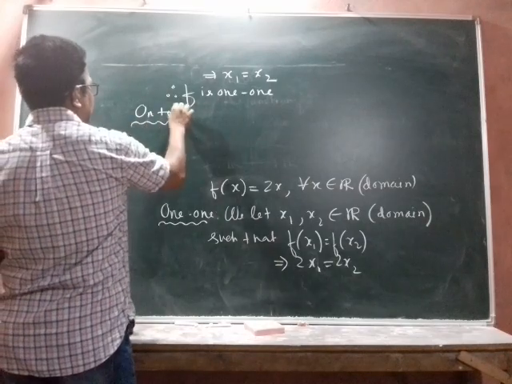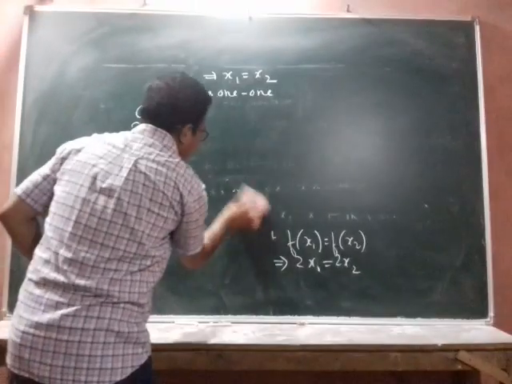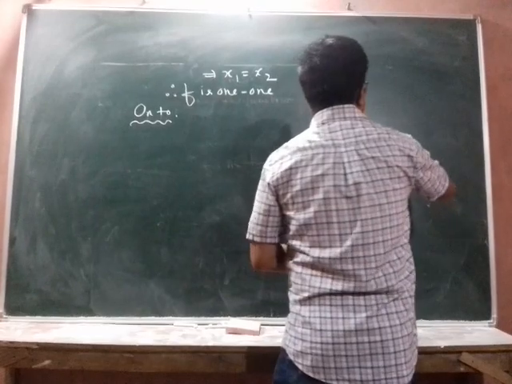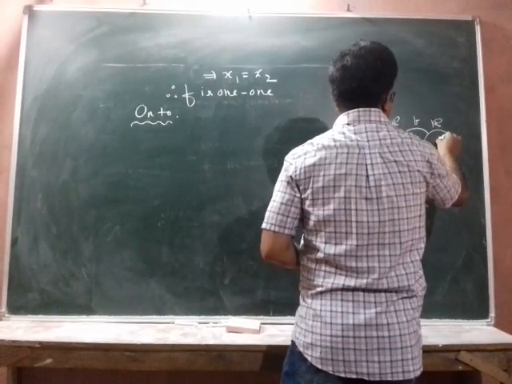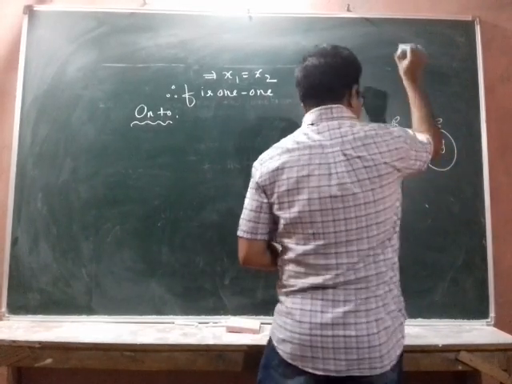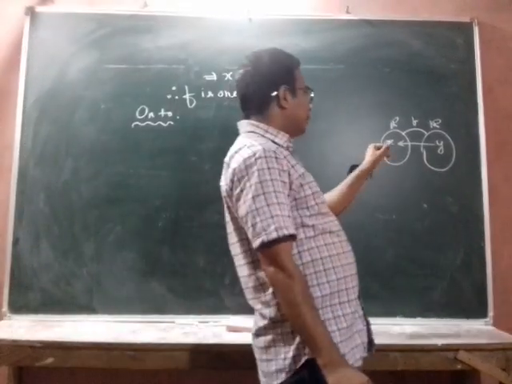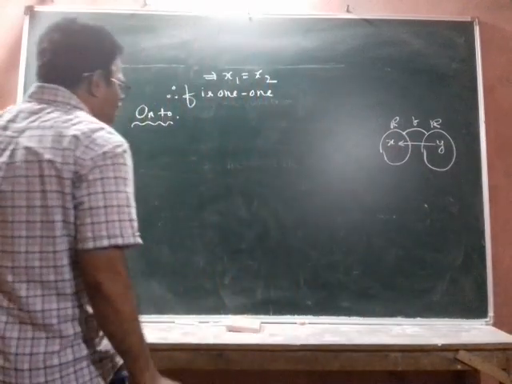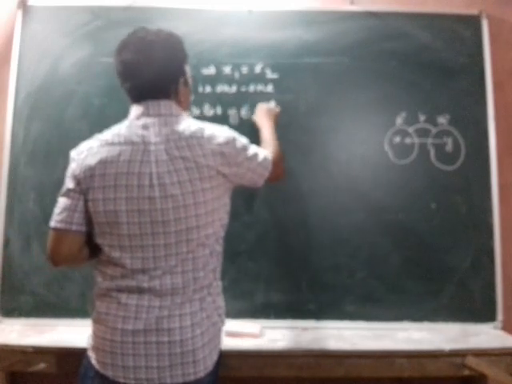Next, onto. For the onto part, we are going to take an element y from the codomain, the real numbers, and we suppose that there is a pre-image x, and thereby we are going to find the value of x. If it is valid, then our function will be onto. We let y belong to our codomain.